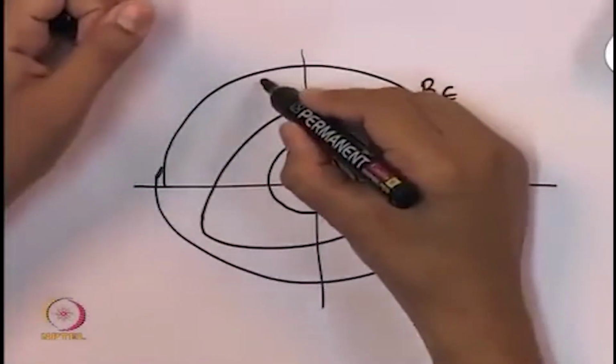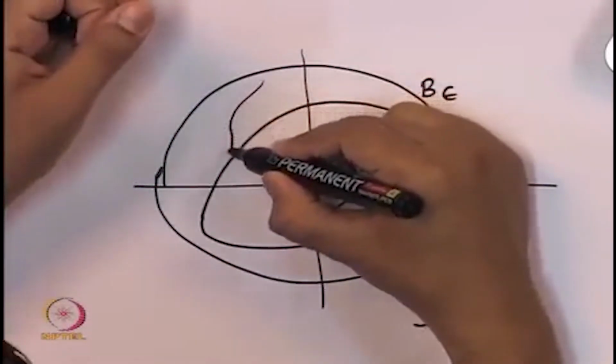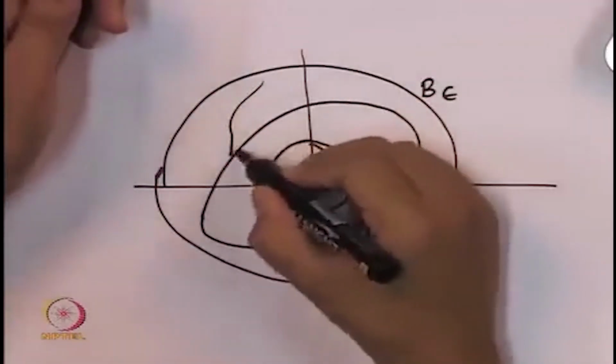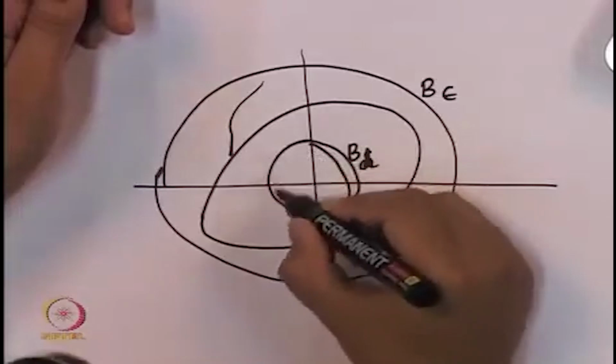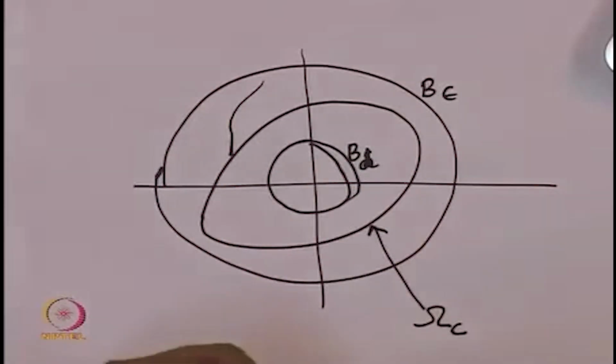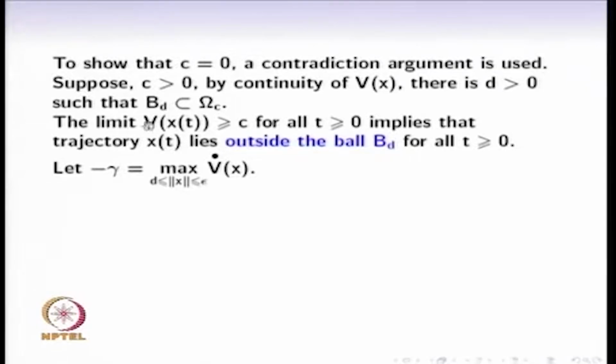We have already shown that if a trajectory starts somewhere here, it can only come close to omega c. It can come to the boundary but cannot go inside, and hence in particular it cannot go into this ball BD. That is precisely the statement that the limit of V of x of t is greater than or equal to c.